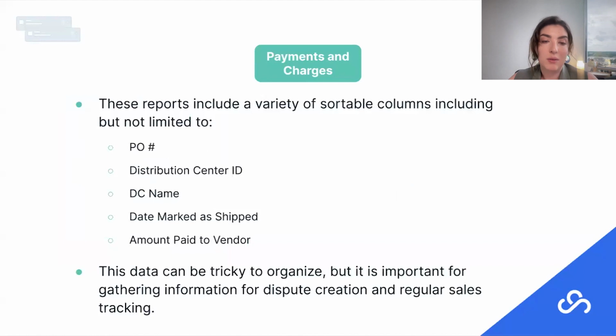And some of that we wanted to call out specifically was PO number, so that can be helpful when starting a dispute claim. Distribution center ID, DC name, the date marked as shipped, and the amount paid to vendor. So this data can be tricky to organize. We have a whole slew of webinars for AP deductions.